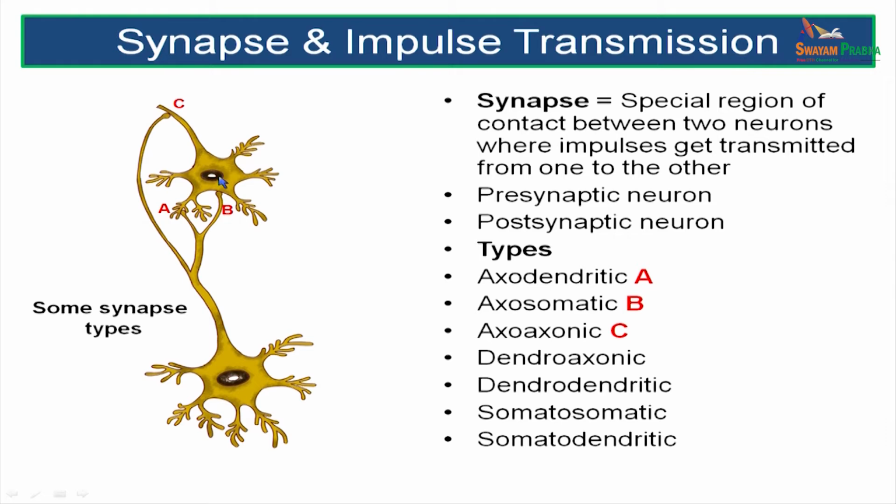So this is called an axosomatic type. A third type that you can see in this diagram is axoaxonic. Axoaxonic means the axon of one neuron synapses with the axon of another neuron. Besides these three types, you can also get dendroaxonic, dendrodendritic, somatosomatic and somatodendritic.